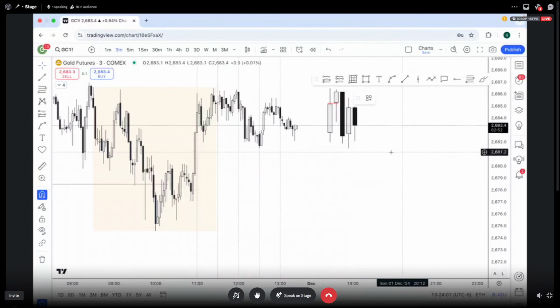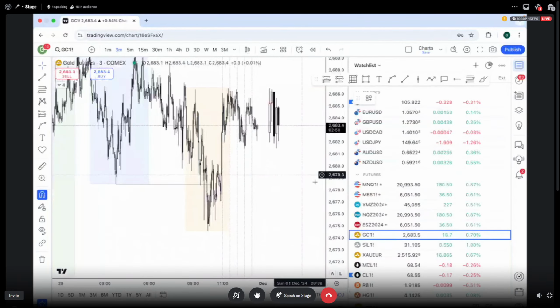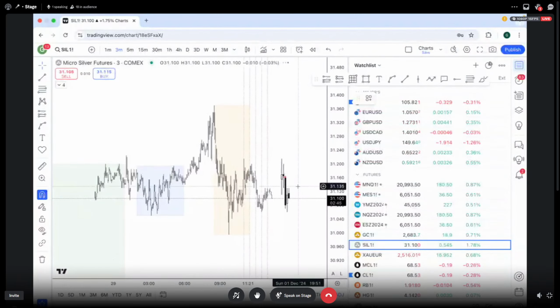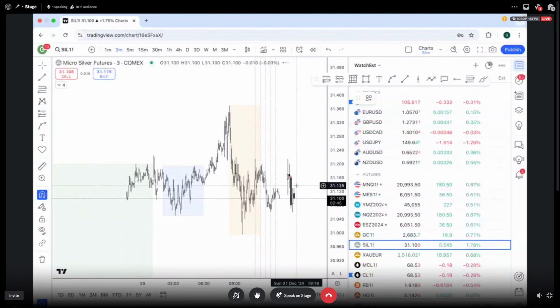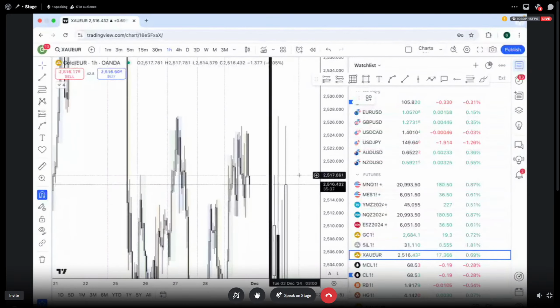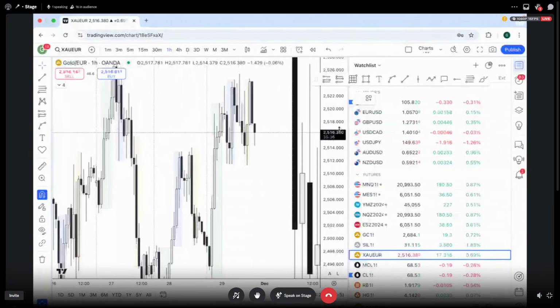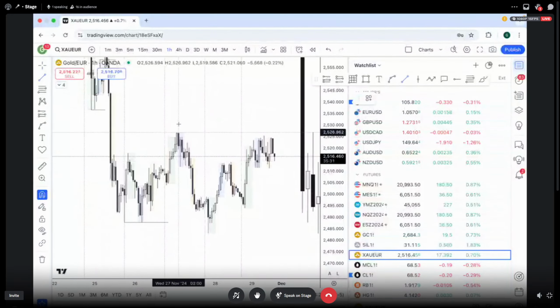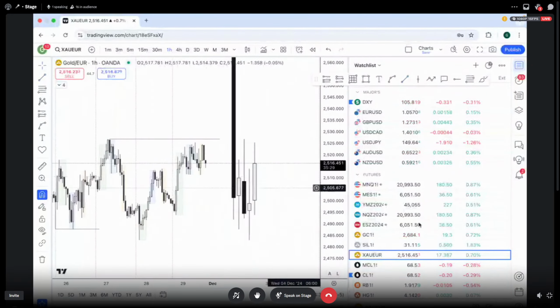Let's see if another asset went there already. Nah, it's just nasty PA. It's consolidating after taking this high. Be a good target next week though.